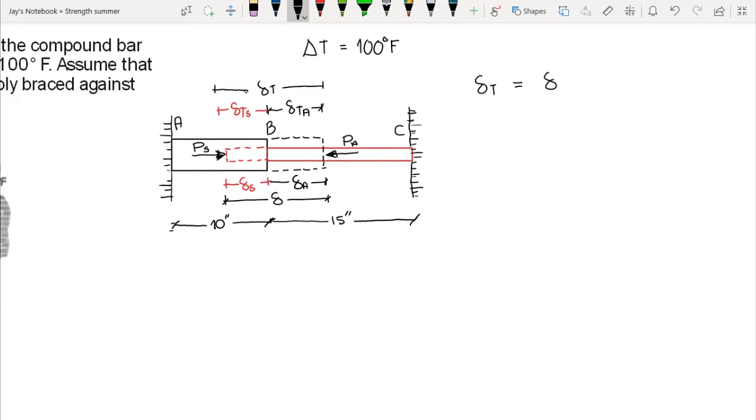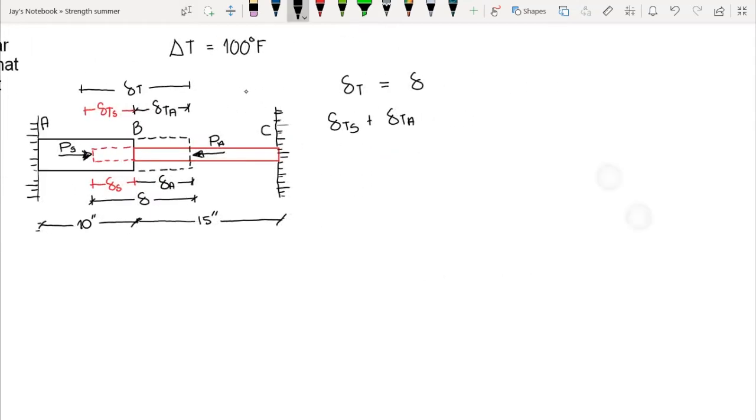Now, we have the deformation of the steel due to temperature plus the deformation of the aluminum due to temperature is equal to the actual deformation of our steel plus the actual deformation of our aluminum.